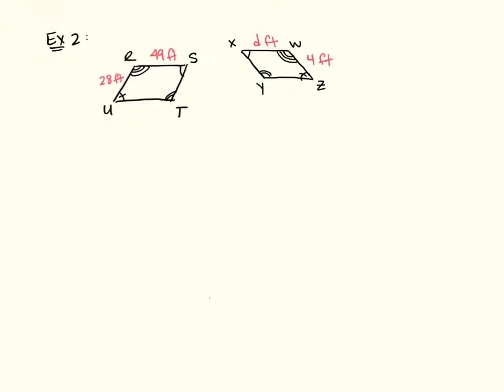So let's write down corresponding parts. We have angle S and angle X. The only reason I'm doing these angles is because those are included in the measurements given to us. Angle W, angle R, angle U, angle Z. Now let's figure out the line segments.